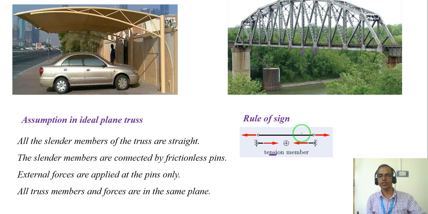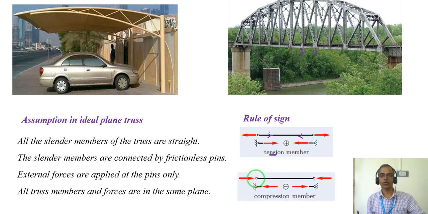When the arrow is towards the joint, either from outside or from inside, that member is considered to be compression. When the arrow is away from the joint, the member is considered as tension.